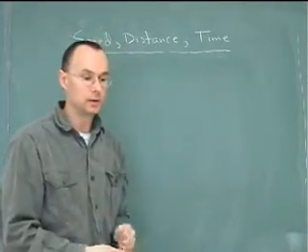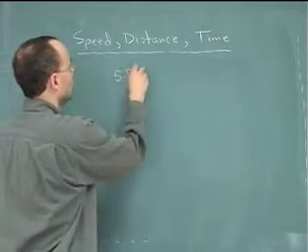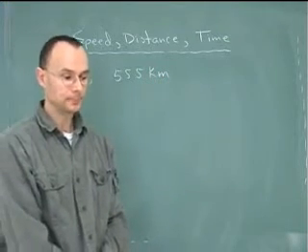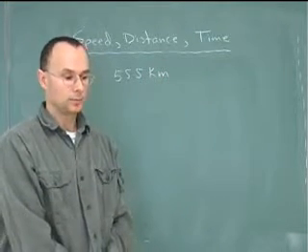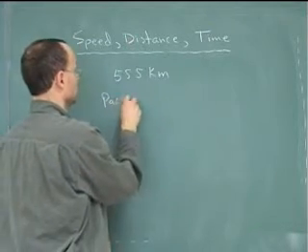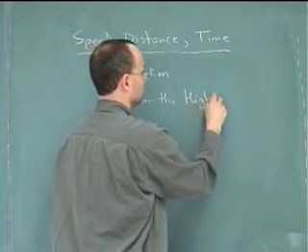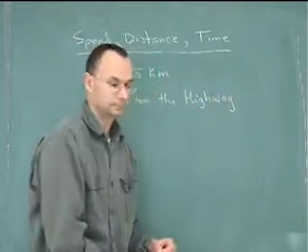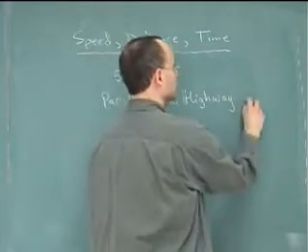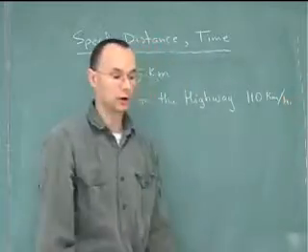In this example, somebody has driven 550 kilometers in total, and part of it was driven on the highway. So part on the highway, and the speed driven on the highway, we'll just make a note here, it was 110 kilometers per hour.